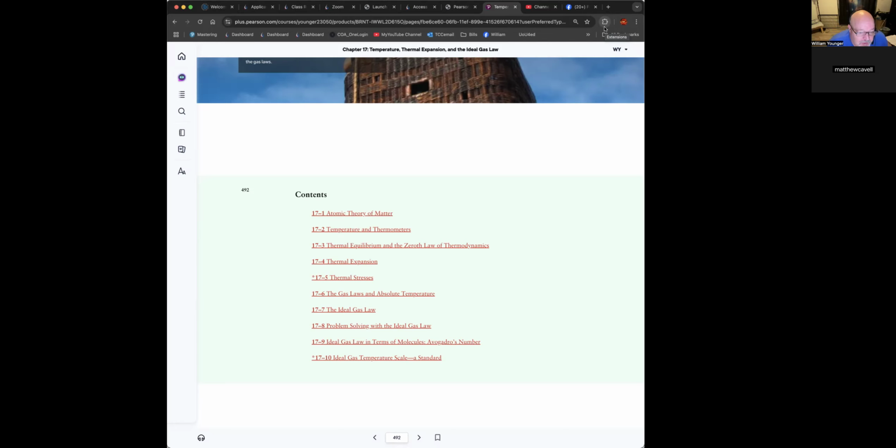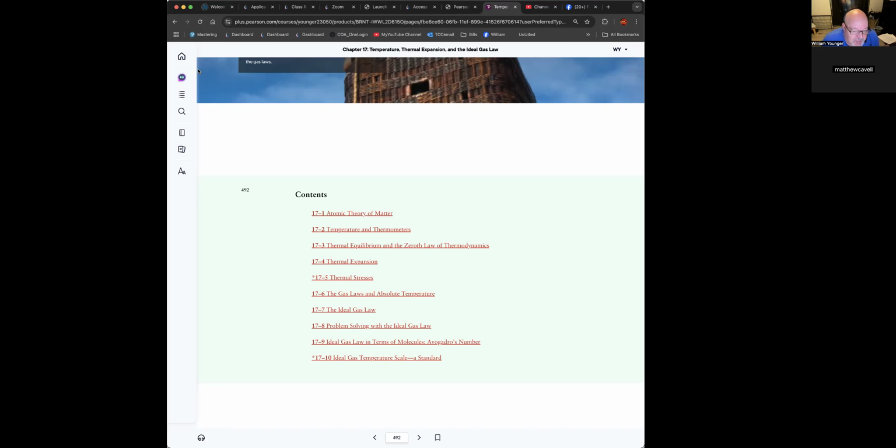So after 17.6, which was the gas laws and absolute temperature, we introduced the ideal gas law. And then after the ideal gas law, we go into problem solving with the ideal gas law in section 17.8, and the ideal gas law in terms of molecules and Avogadro's number, that's section 17.9. That is a section that we will cover as well.